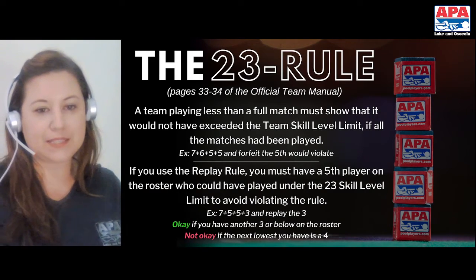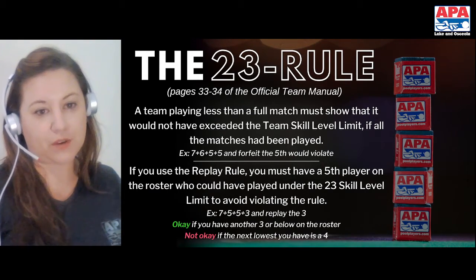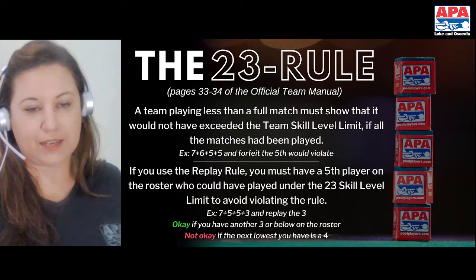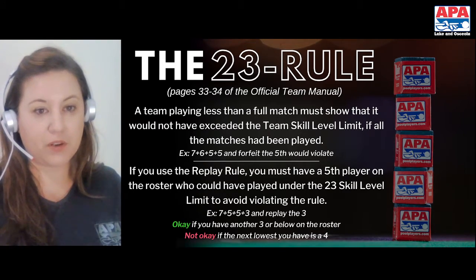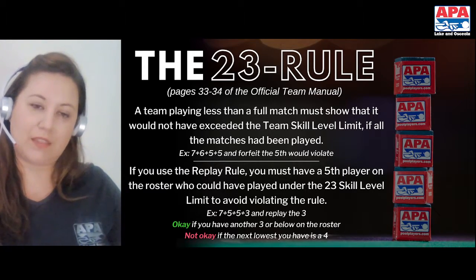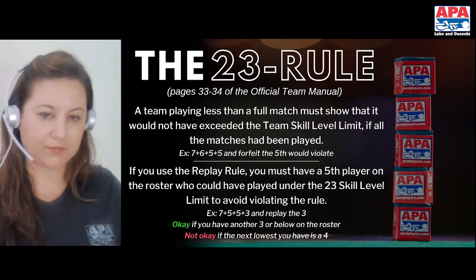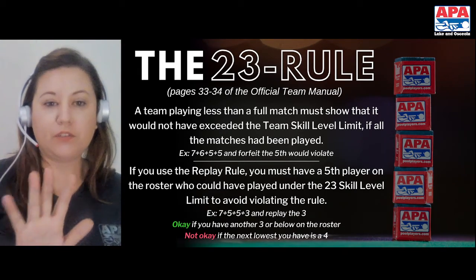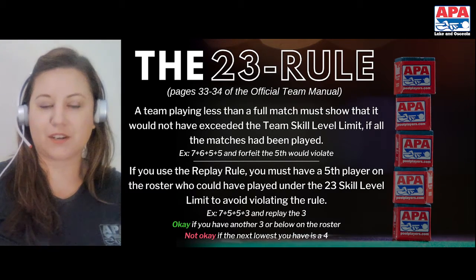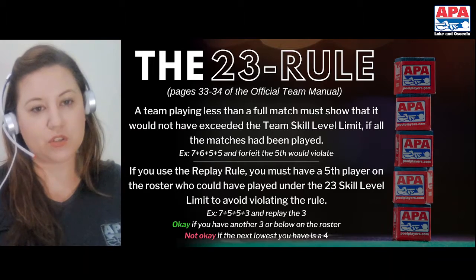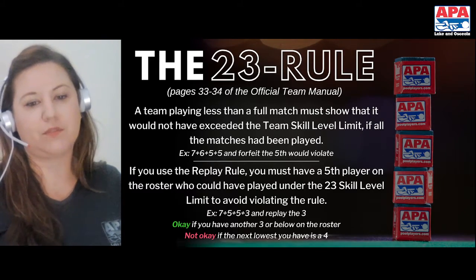So if you play a 7, a 5, and a 3, and you're using the replay rule, so your 3 is going to play it again, you need to have a 3 or a 2 listed on your roster that's not present that 3 is playing in place of. So no matter what, you have to show that you could have played 5 separate individuals listed on your roster at 23 to avoid violating the rule. If you do violate it, you lose all your points. We don't want to see that happen.